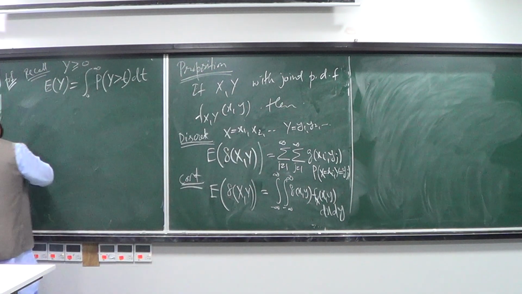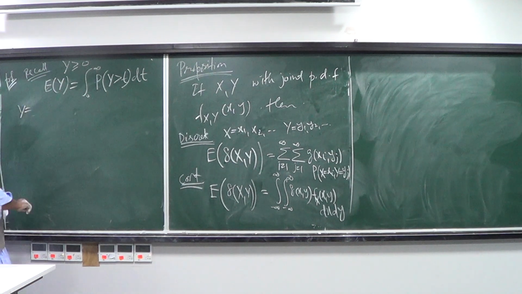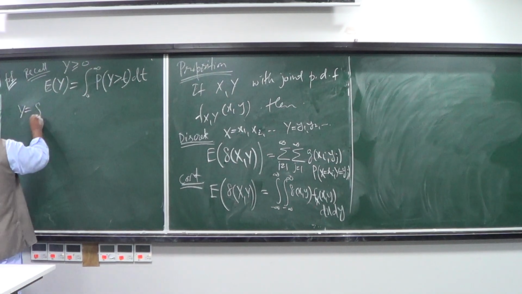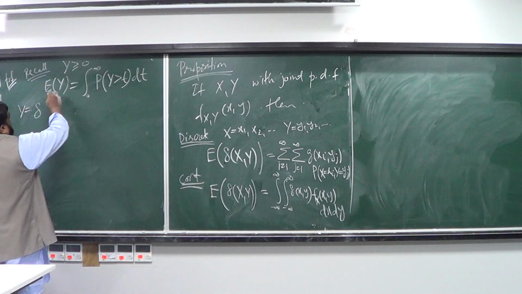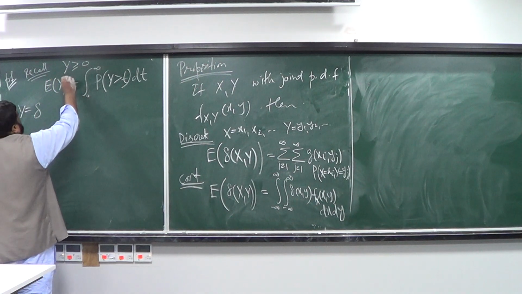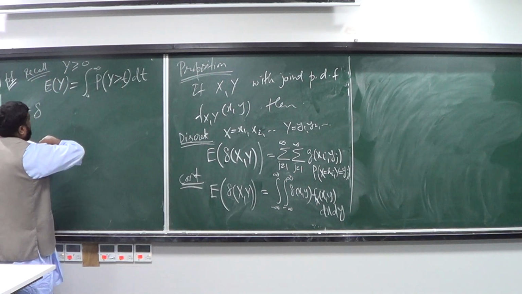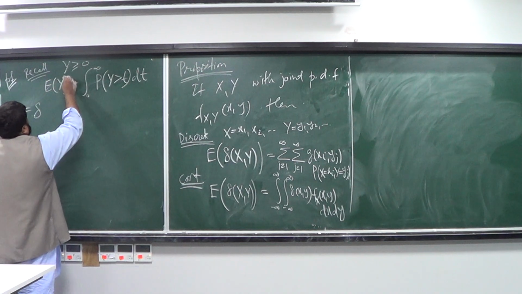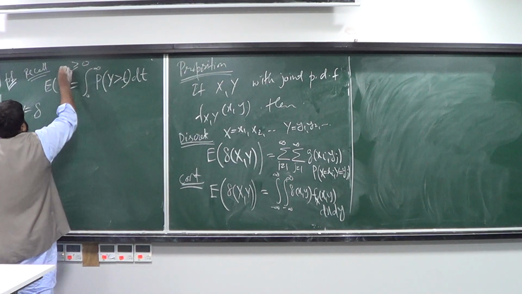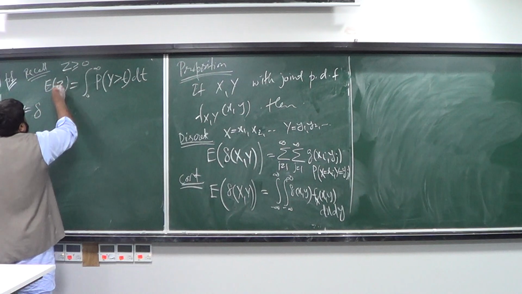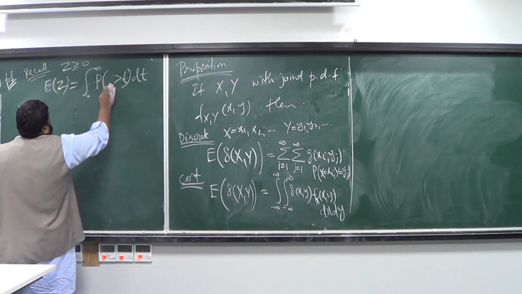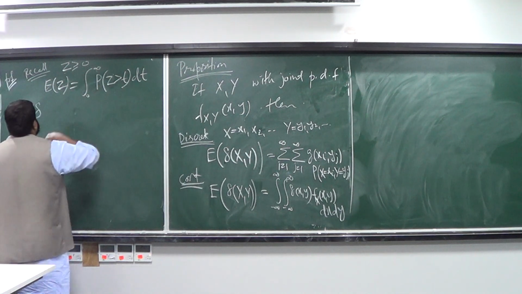Now, instead of y, you may write any random variable. Say, for example, let's take it as z, it doesn't matter, you're going to have the same.